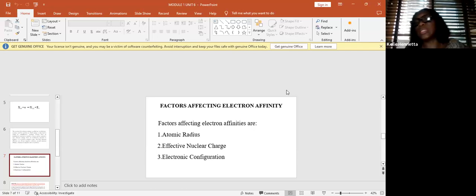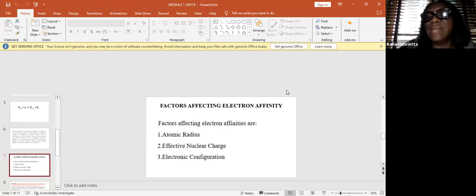Unlike when you go down, where you enter another shell, distancing the valence electron from the nucleus. Meanwhile, across, it will be entering the same shell. So there's no distance, there are no inner shells before you reach the valence electron.